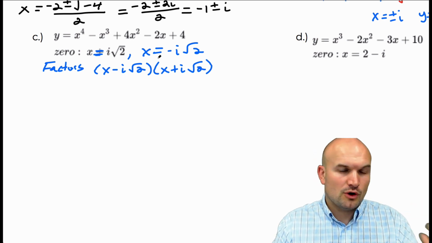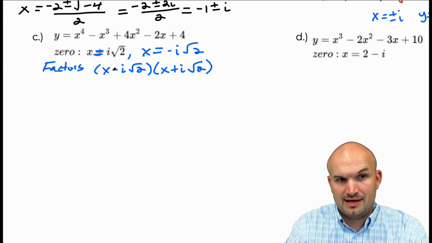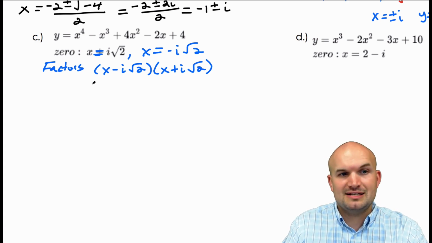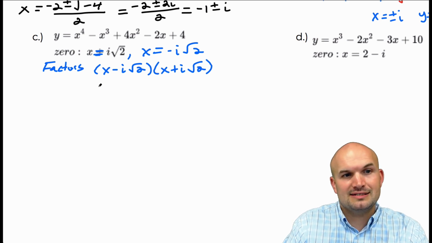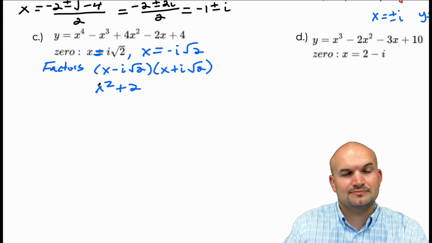So rather than going through the whole FOIL process, I simply multiply the first terms and the last terms. So I get x squared, and i times i is negative 1, so this becomes plus 2.